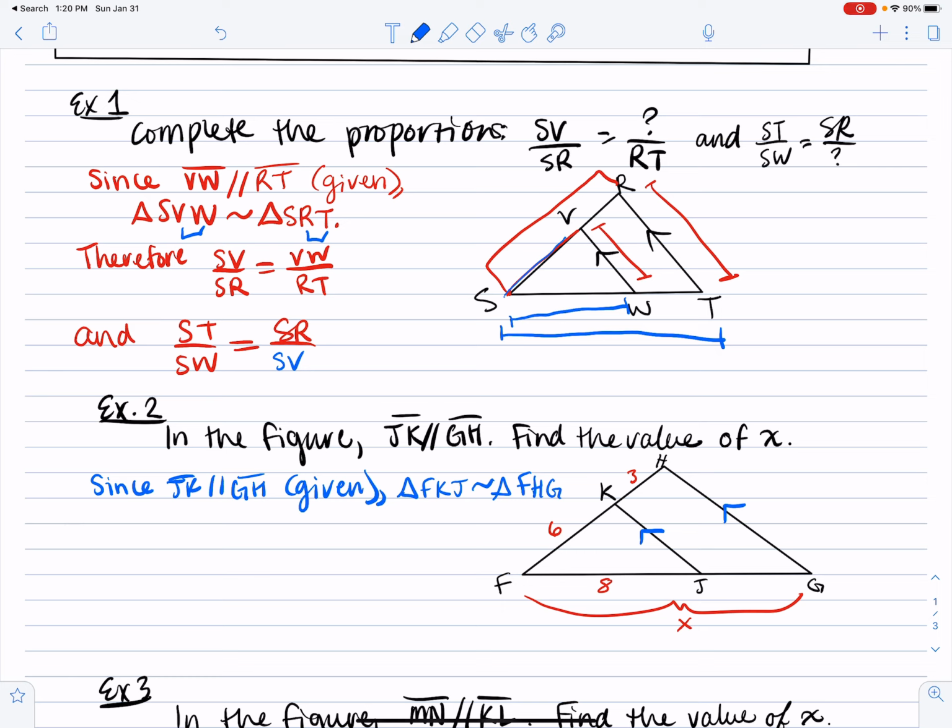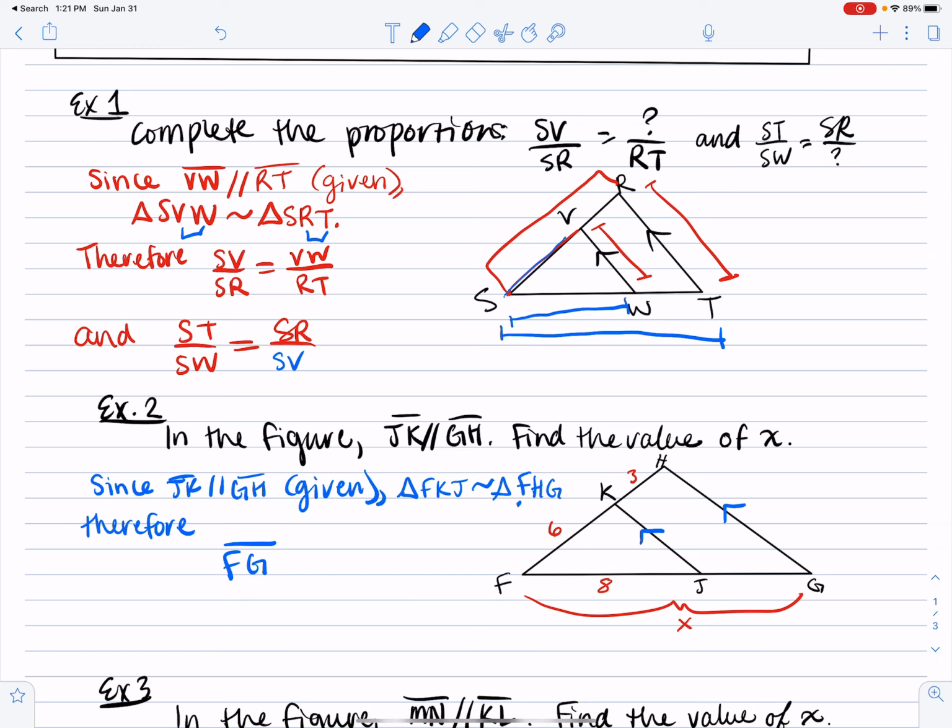Okay, now we need to set up a proportion that works. So therefore, remember order matters, and you have to always put the same triangle on top. So let's start with the smaller triangle on top. If we're trying to get to this x value here, FG, let's put that on the bottom, then we need to put its corresponding side from the smaller triangle on top.